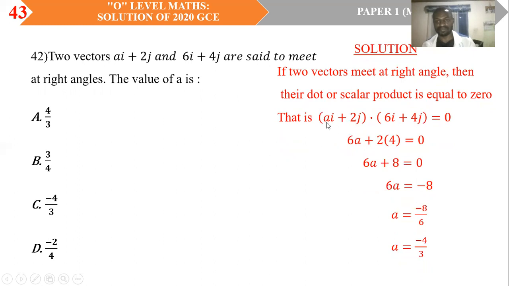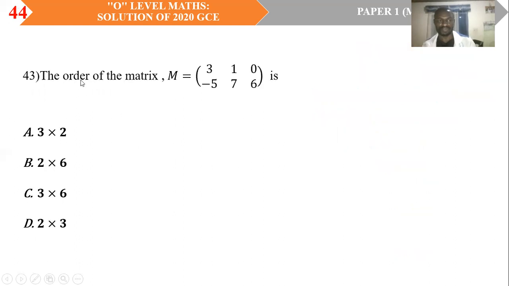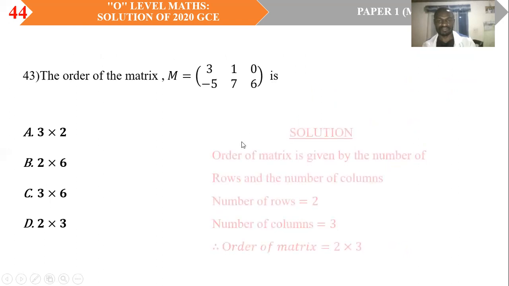This dot simply means we multiply corresponding components. a times 6 is 6a. 2 times 4 is 8. 6a plus 8 is equal to 0. 6a is negative 8. a is negative 8 over 6, which is negative 4 over 3. Answer C. Question 43. The order of the matrix M equal this is... Solution.